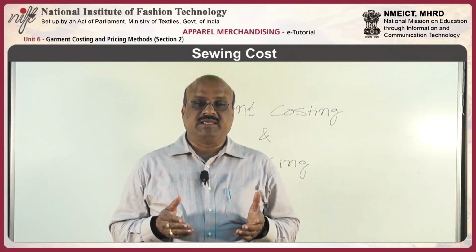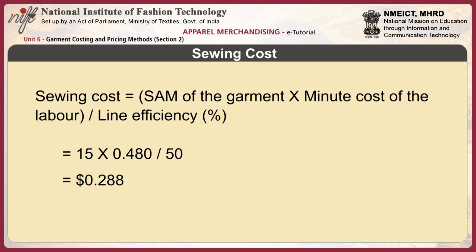Sewing cost is given by SAM of the garment multiplied by minute cost of the labor upon line efficiency percent. SAM of the garment is 15 and the minute cost of the labor is 0.48 rupees, so this upon 50, at 50% efficiency, gives $0.288.